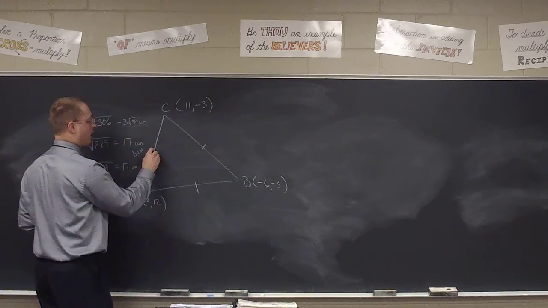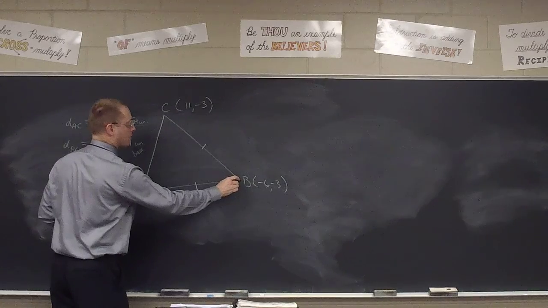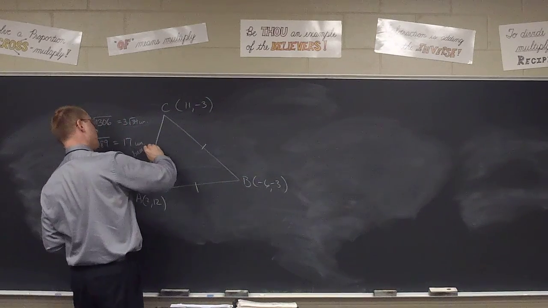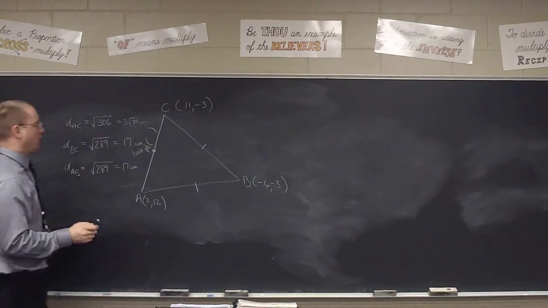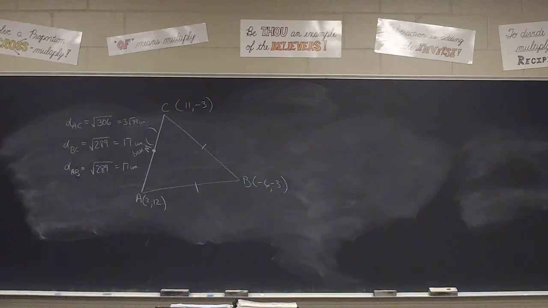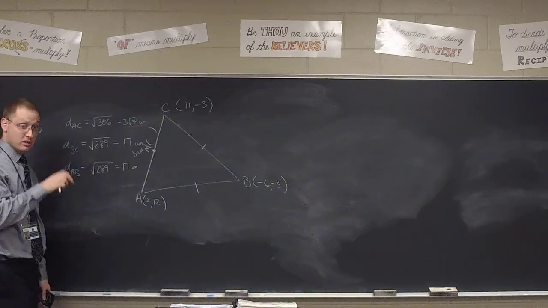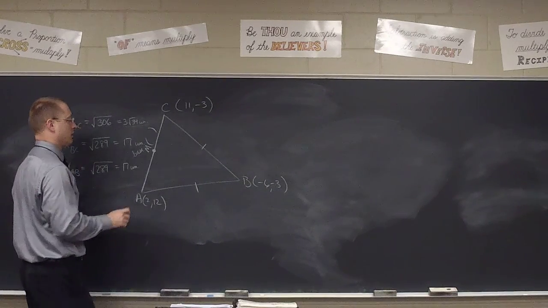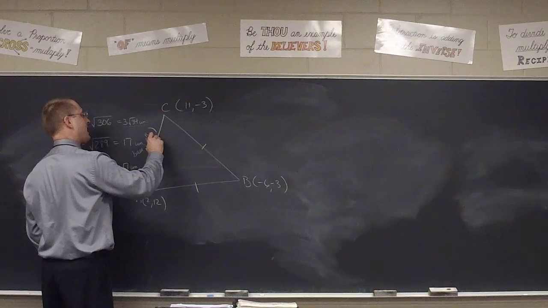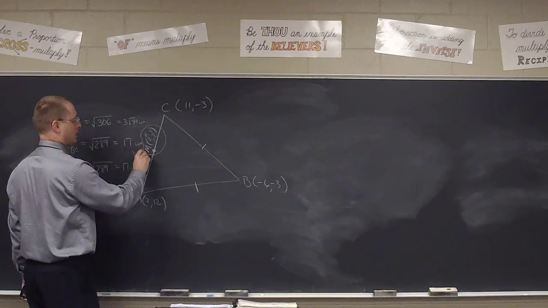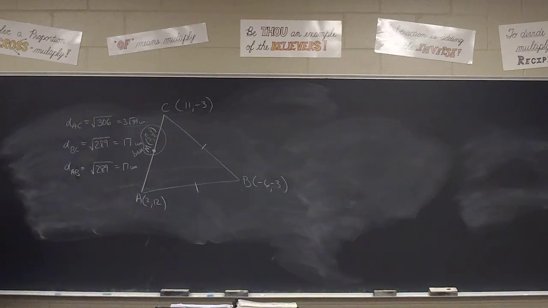But we want to find the median, which means we need the midpoint. So let's find the midpoint of AC. And unfortunately, it's going to come out to fractional values, isn't it? What do we get? Yeah, 13 halves, 9 halves is this midpoint.